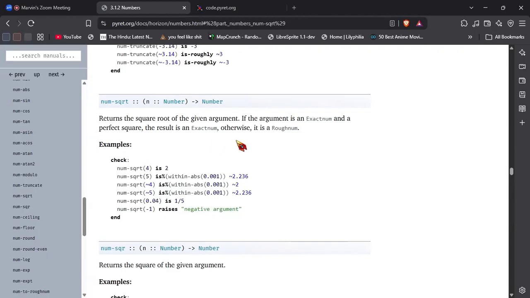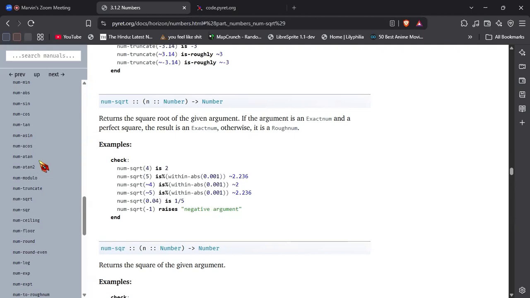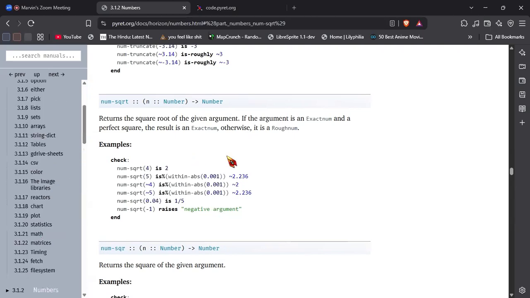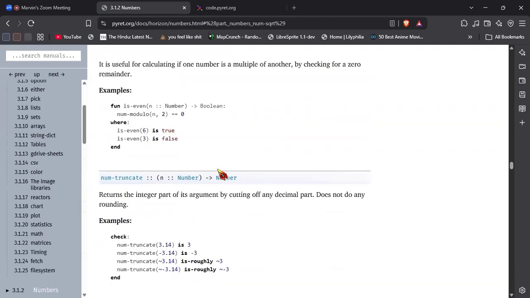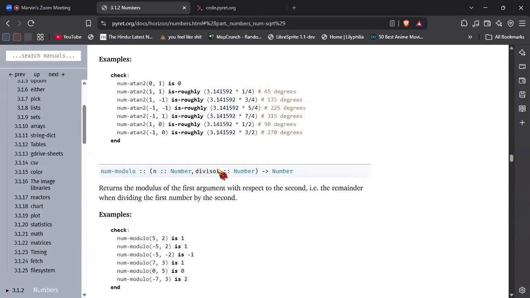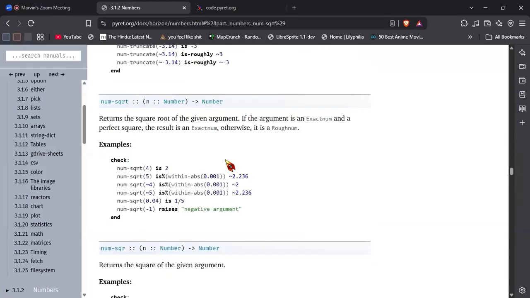I wanted to ask something. I was going through something in this library, and I couldn't understand a lot of things. I couldn't understand what is a rough num and what's an exact num.